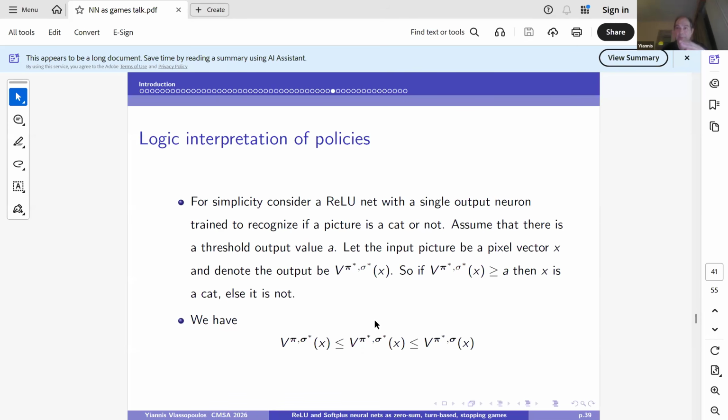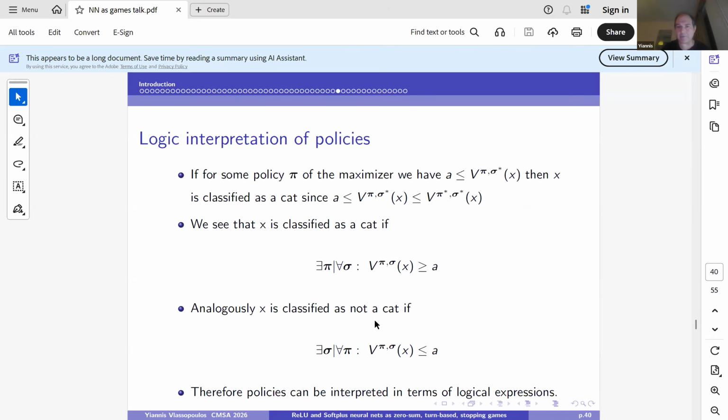If you move pi a little bit, the value is going to become smaller, which is what pi doesn't want. That's why you balance at this Nash equilibrium. But now we can have a logic interpretation of this. Let's say we find any policy pi such that, with respect to this policy and to the optimal sigma policy, the value is greater than a.